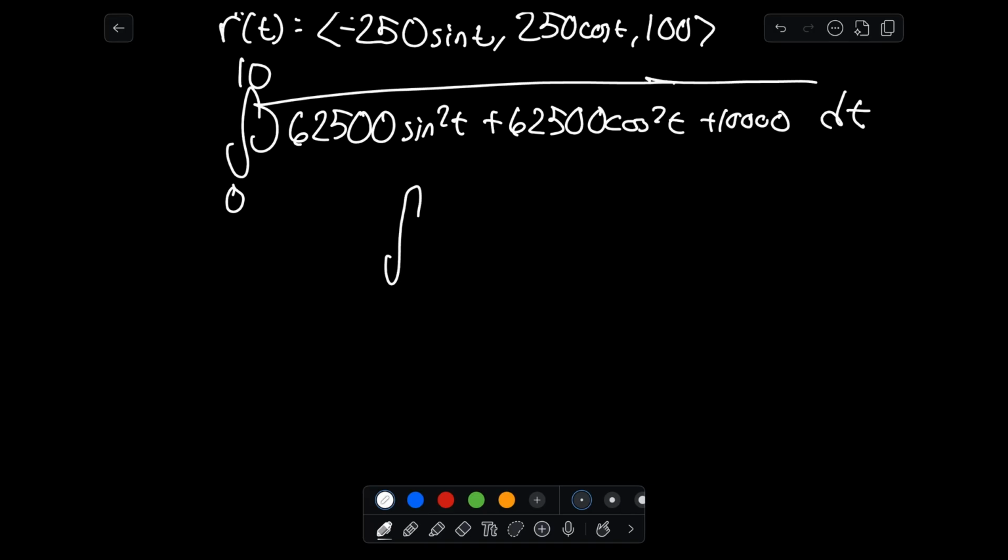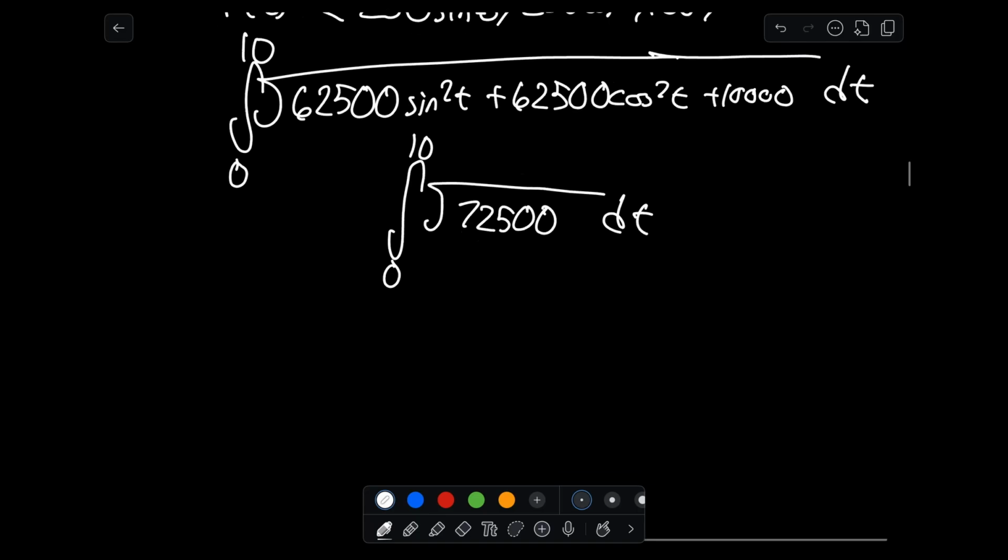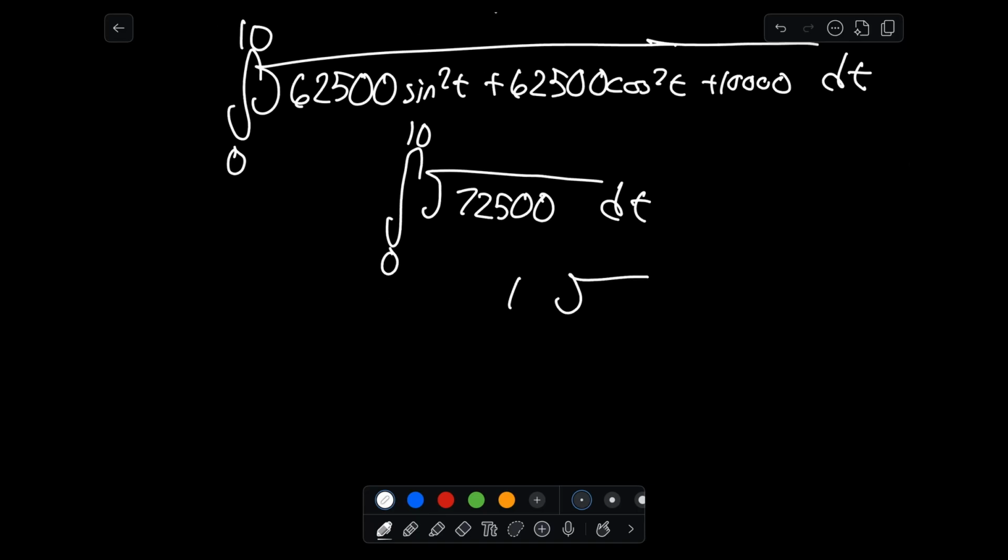Those can come in very, very handy in problems like these. And this is just going to get you this. This is a little bit too long for my liking. Let's just make it a little bit shorter. Much better. And this just becomes 10 root 72,500. We can factor this out.